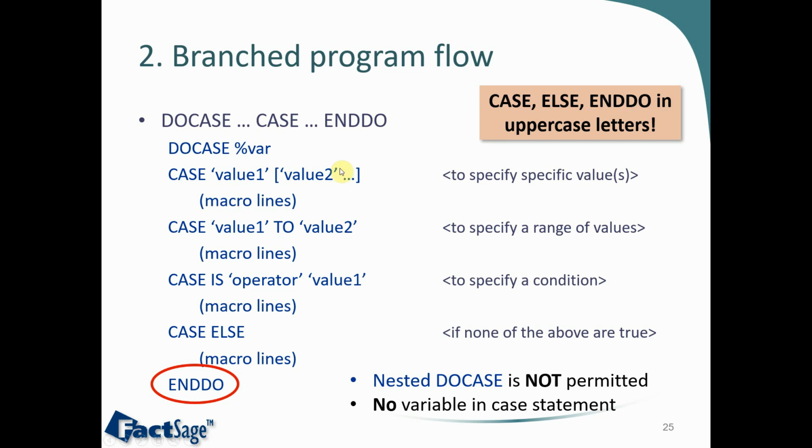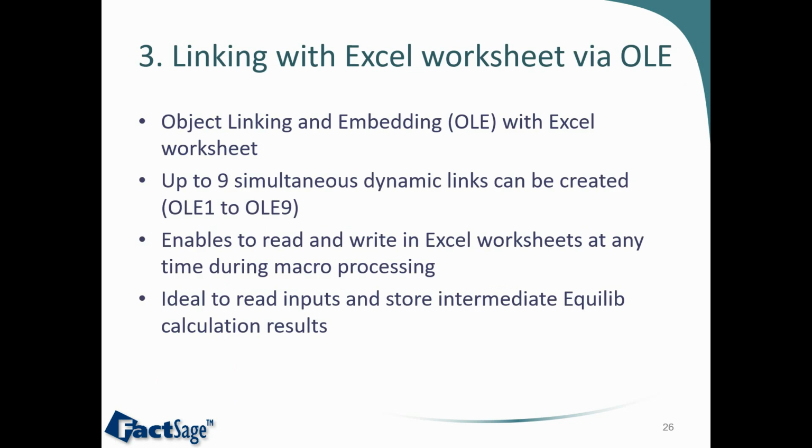So this is everything for program flows, steps and loops. Next, I will talk about an important feature of macroprocessing. It is the ability to interact and transfer data with Excel worksheets at runtime. This feature is enabled via object linking and embedding, OLE.